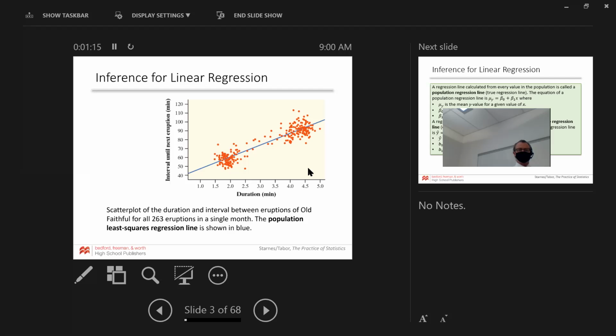It's bivariate data. What have you got? Along the input is how long the eruption at Old Faithful took in a month, and the output is how long to the next one. And are they linearly related? Okay, meaning, does a long eruption correlate with a long break until the next one?